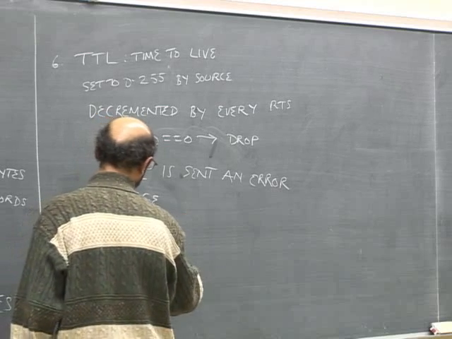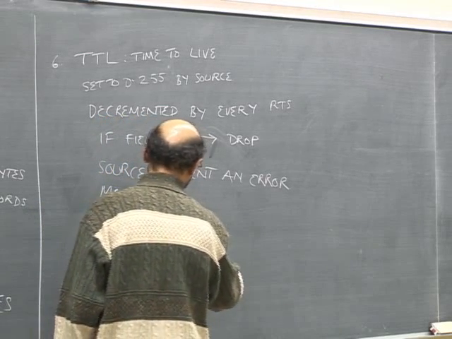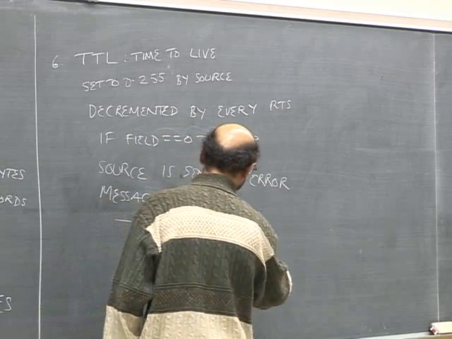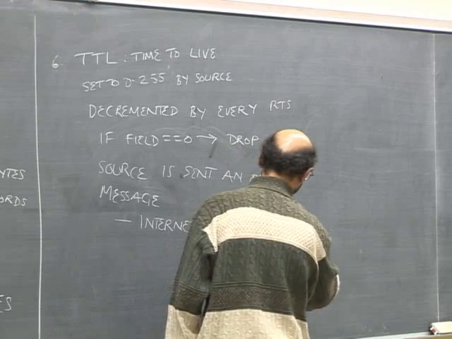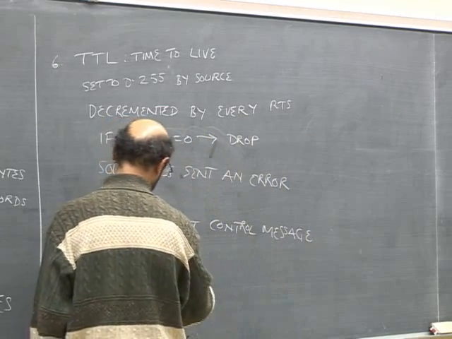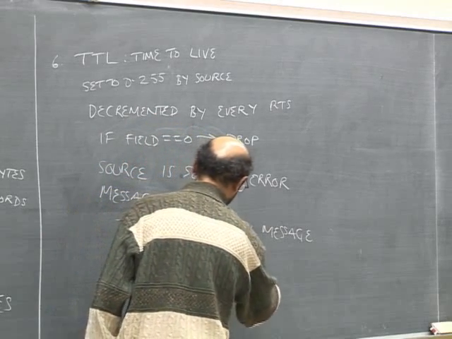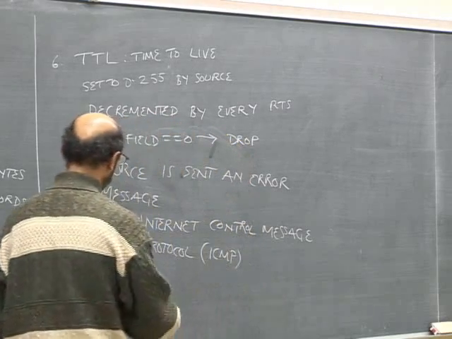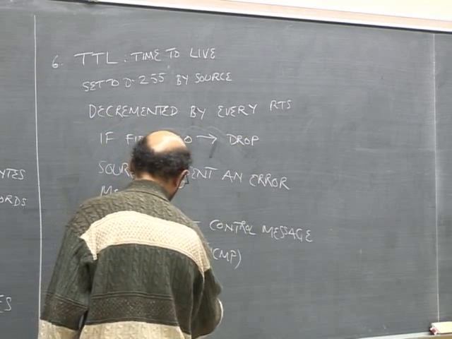It's not IP, it's called ICMP, Internet Control Message Protocol. It's a special message, and this is almost the only place you'll see it, which is called ICMP. And it says basically packet expired or something like that.